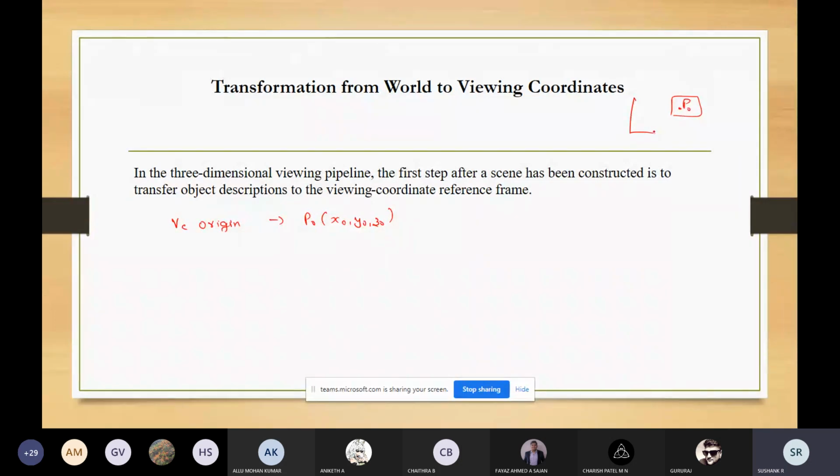In order to bring this point to the viewing coordinate origin, we perform the inverse translation.